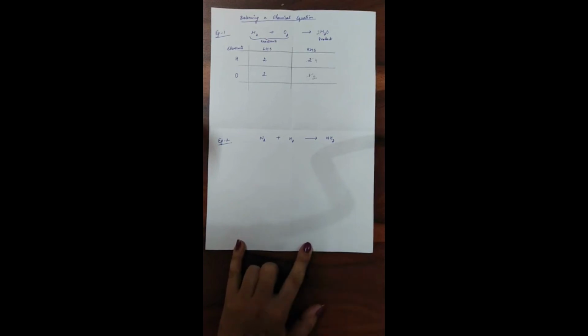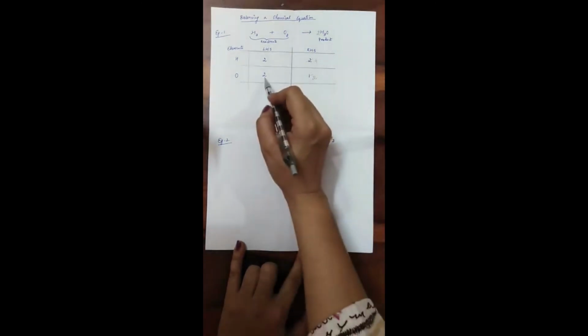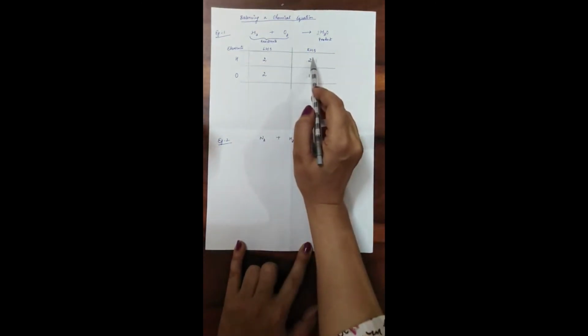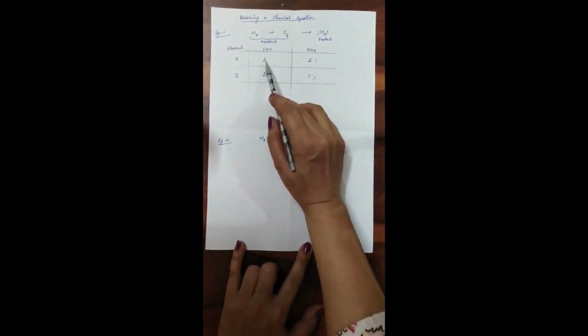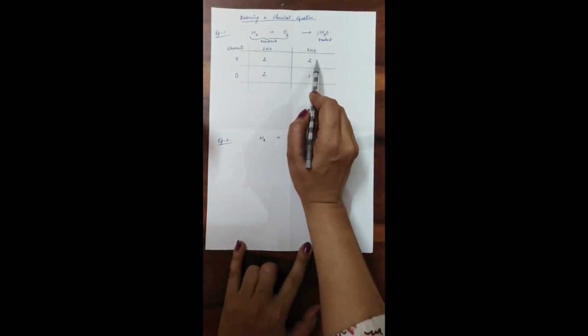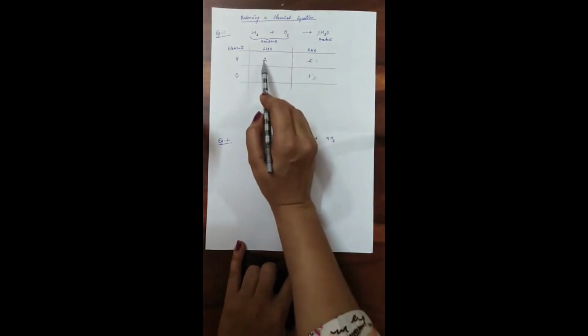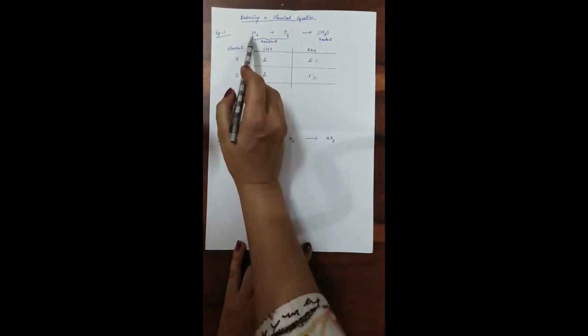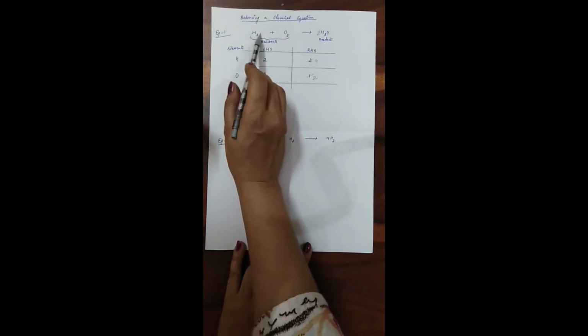So after every attempt, we need to cross check again. Now this and this are balanced, but this is not balanced. Here it is 2, here it is 4. I said we can increase, so we should go on this side. This is 4, that means for hydrogen I want to make this 4.